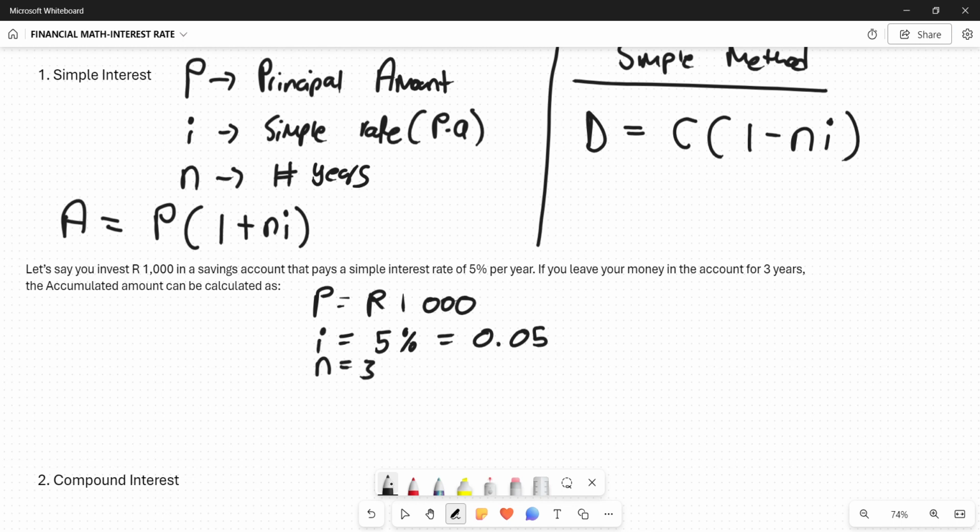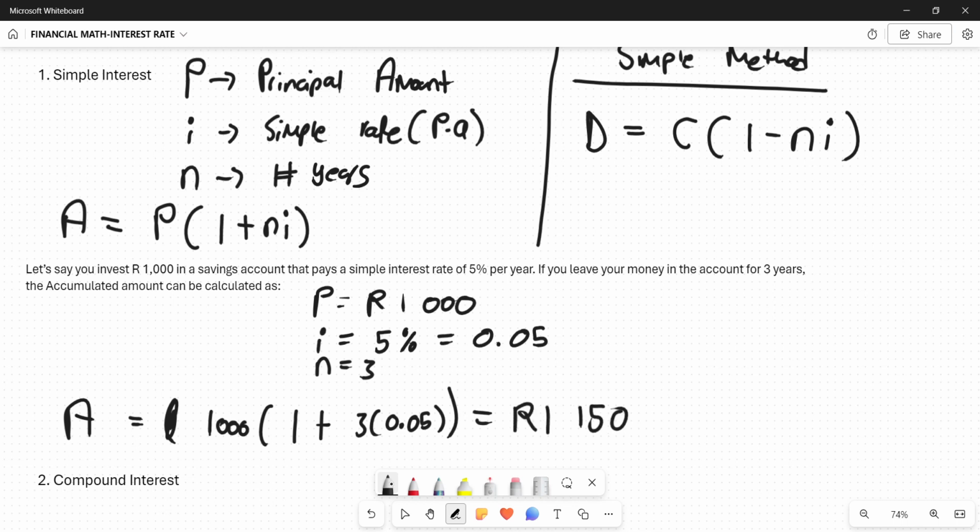Then the accumulated amount after 3 years will be 1,000 into (1 + 3 into 0.05). If we calculate it, it will be 1150. So this 1150 is our accumulated amount after 3 years.